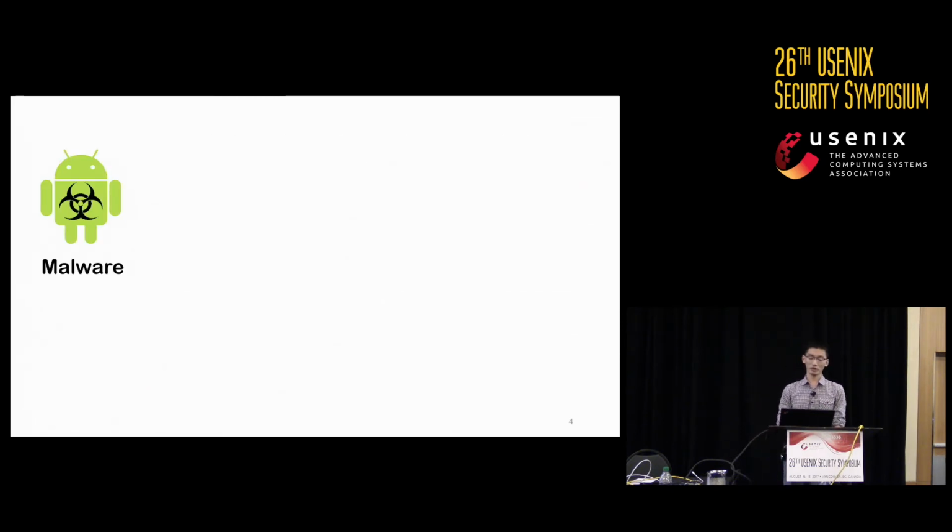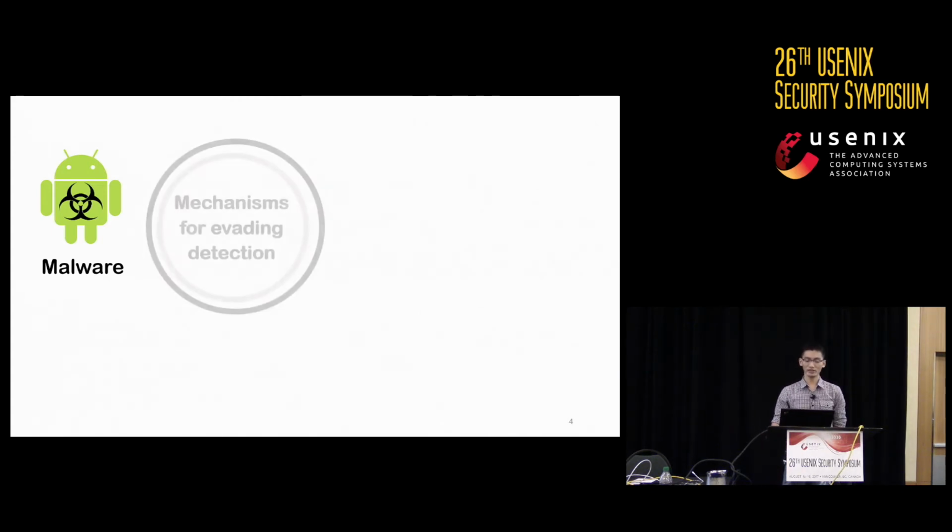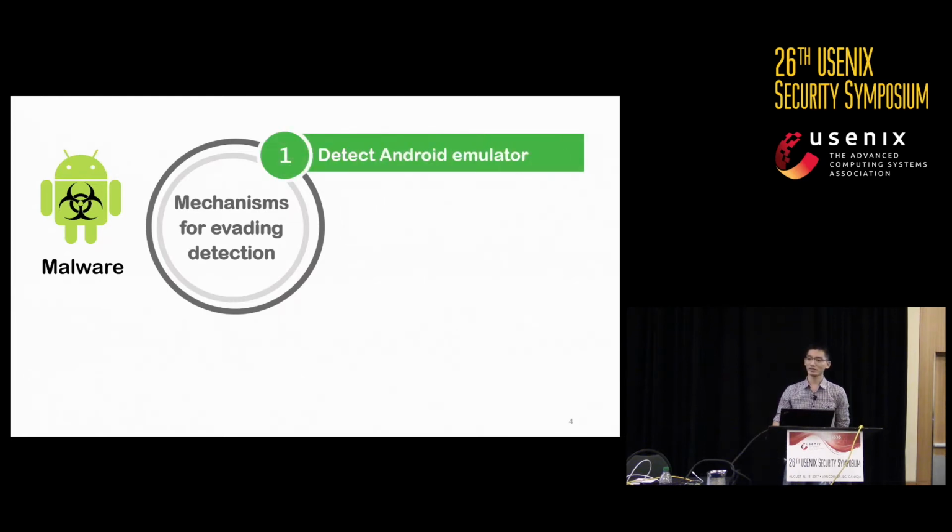At the same time, malware also adopt different mechanisms to evade detection and analysis by these tools. First, they can detect their running environment to evade the emulator-based analysis. When the malware find they are running in the Android emulator, they will stop releasing the malicious payloads and conducting sensitive behaviors.